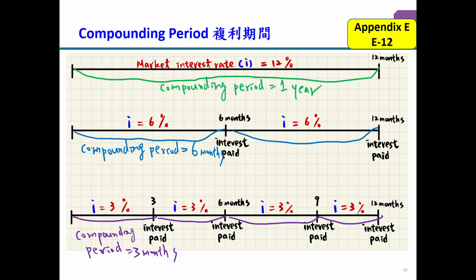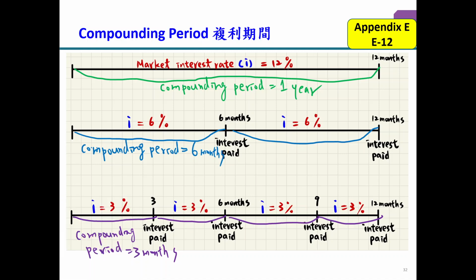So based on this, can you tell me, first case, compounding period 1 year. So for each period, what's your I, the market interest rate? For the first case, 1 year, 12%, right? So 12% is our I for each compounding period.